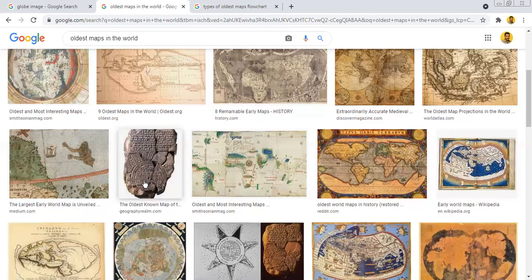At the same time, Greek geographers like Anaximander, Hecataeus of Miletus, now in Turkey, and Herodotus also prepared world maps by arranging places from east to west and north to south.